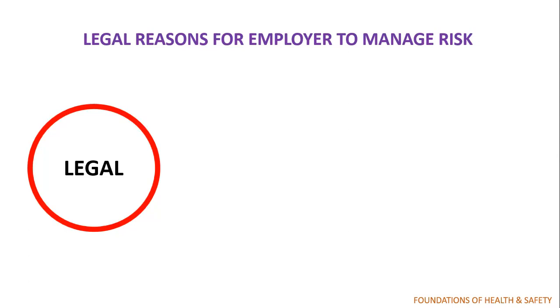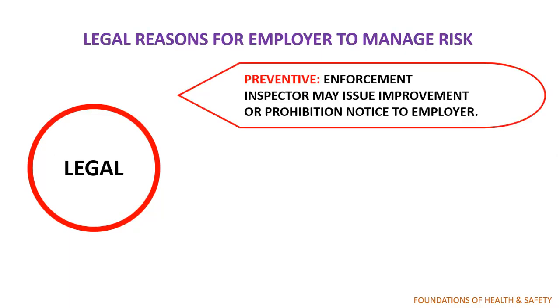So, what are the legal reasons for which the employer has to manage the health and safety? So, the first is the preventive. The enforcement agency or inspector may issue an improvement notice or prohibition notice to the employer. So, to prevent it, the employer has to follow health and safety, so that he may not get any type of violation notice or prohibition notice.